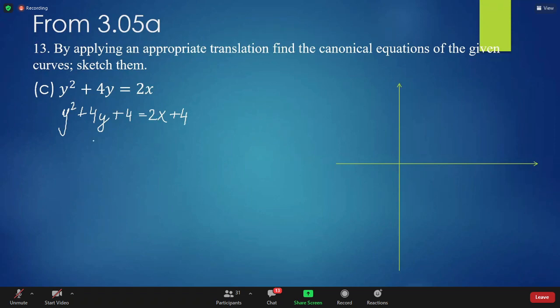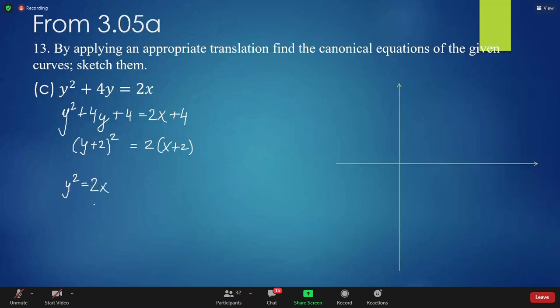And so on the left hand side I have y plus 2 squared, and on the right hand side I have 2 times x plus 2. Just like this.